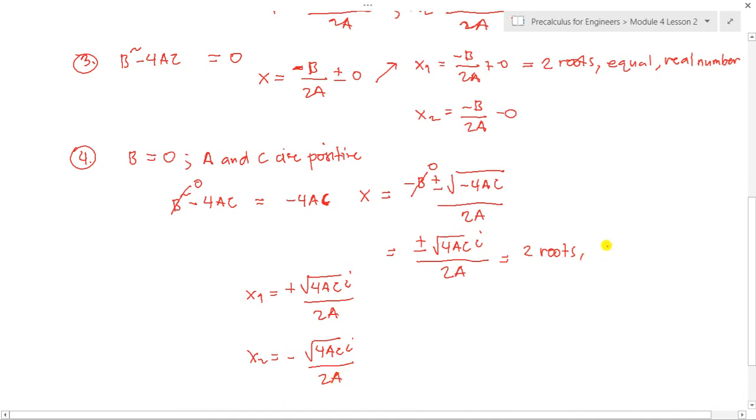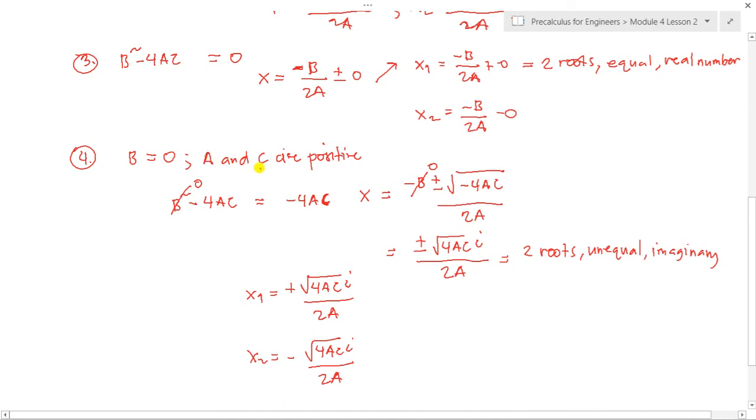Two roots, and they are unequal. Although same yung appearance nila kasi square root of 4ac i over 2a, but they have different signs. So we considered this as unequal, but unequal and imaginary. So therefore walang real. So two roots, unequal and imaginary.